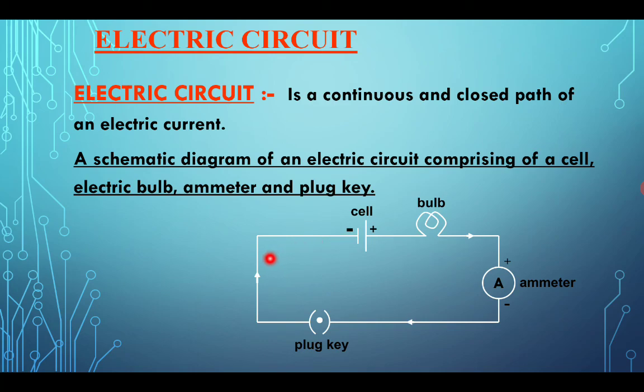So in the next class we are going to discuss the electrical components and their symbols, and after that we are going to discuss the concept of resistance, which is given by Ohm's law. So till then, prepare this topic.